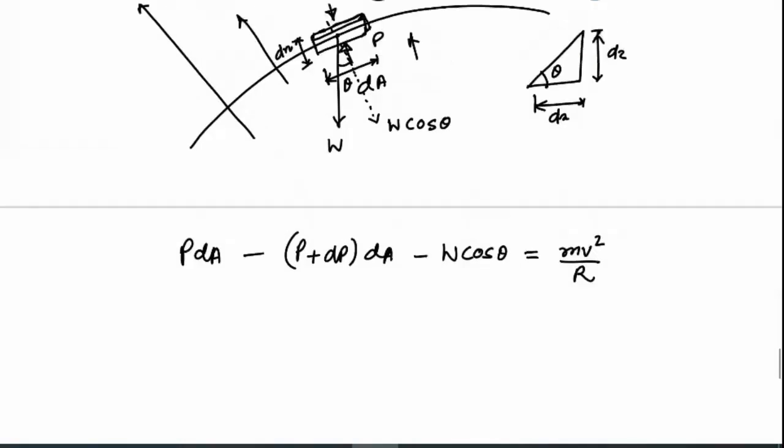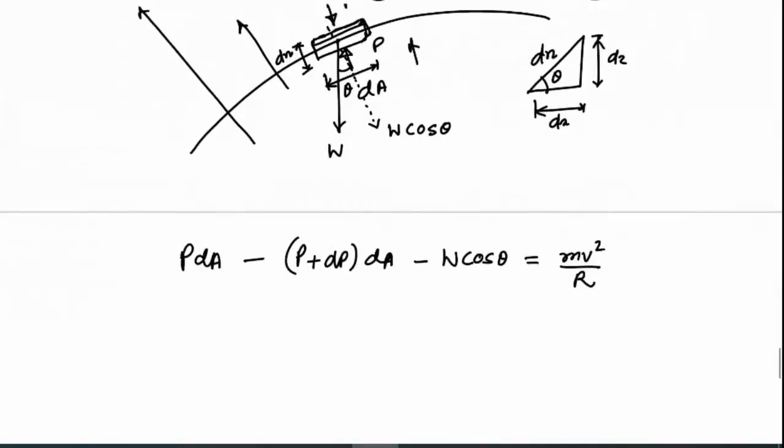Now this is your dn in this case. What will be the cos theta? I think this is for the previous case; you will not have this. You can verify yourself what the cos theta will be in this case. What will be cos theta in terms of dn? It will be dn divided by dz.